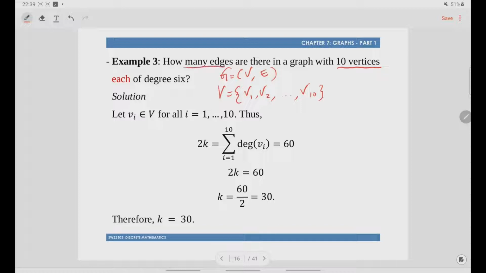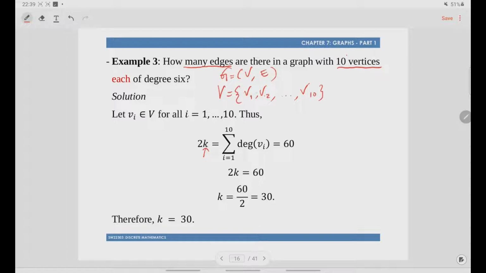As given in the previous theorem, we have 2k, where k is the number of edges, equal to the sum of the degrees of all vertices in the graph G. In this case, we have 10 vertices, so Vi belongs to the set V for i equal to 1 up to 10.